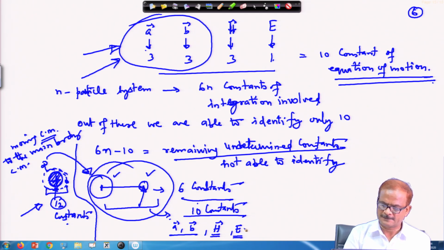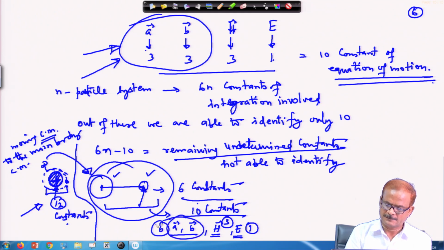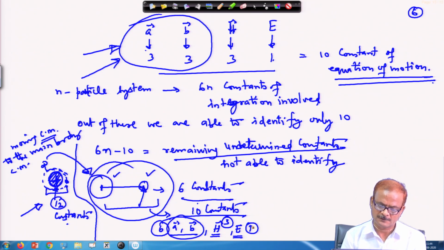That makes it 10. This involves 1, this involves 3 and this involves 6. So, more than 10 constants we cannot identify even for the two body problem if both the particles are heavy.